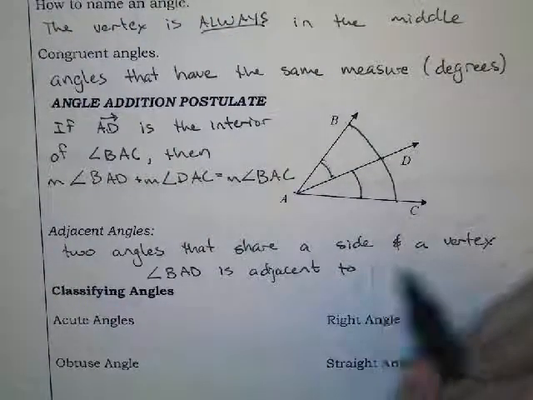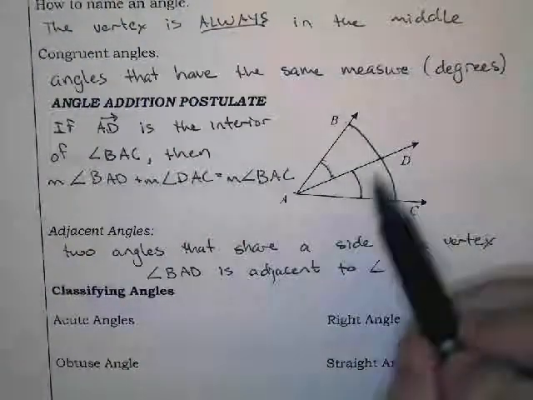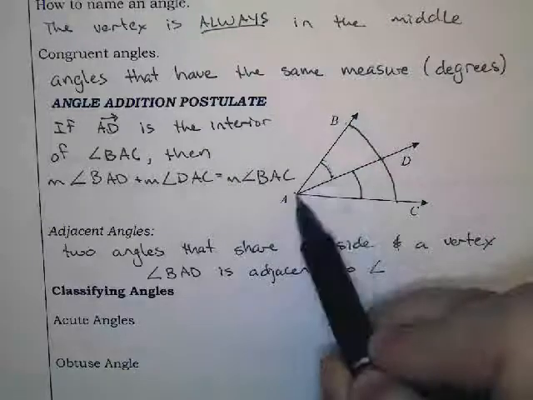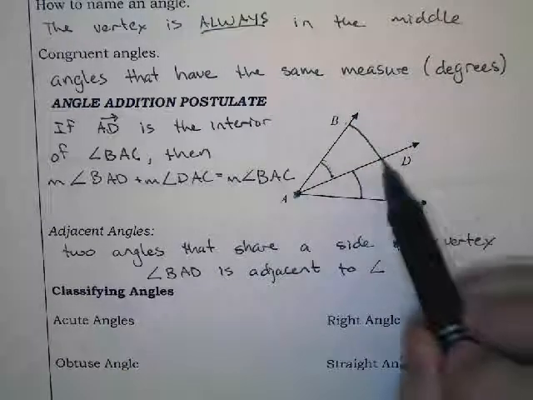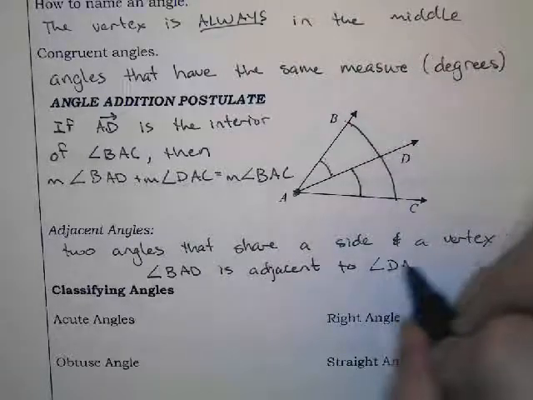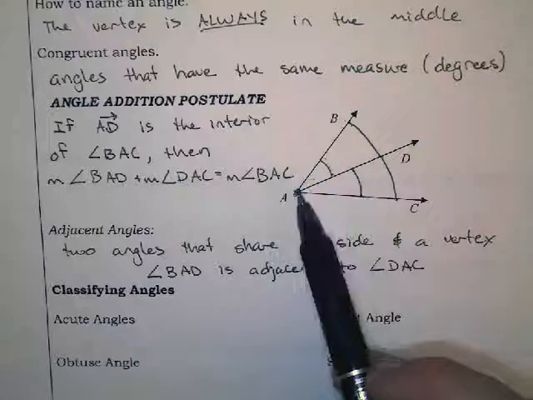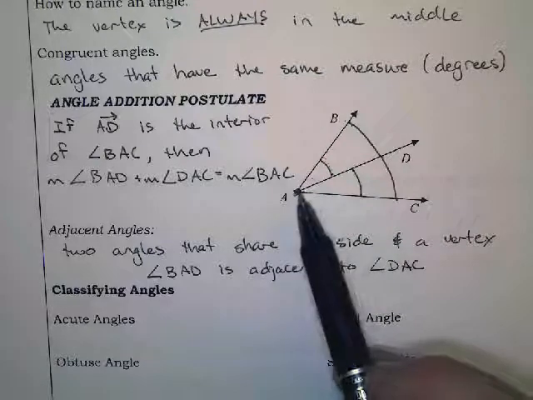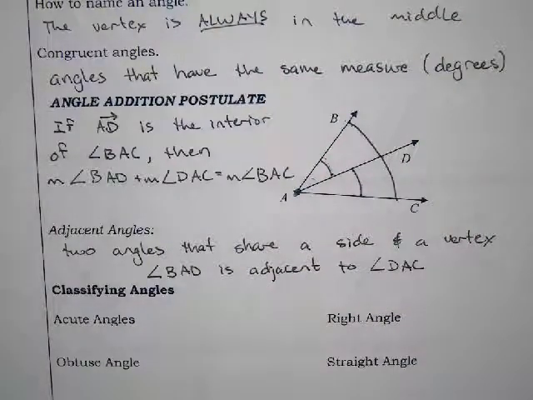So what angle would be adjacent to BAD? If it's sharing a side, this is the side they share, and this is the vertex. Well, they share DA, so that angle would be DAC. Because they both share AD, and they both have the vertex of A. So they share a side and a vertex.